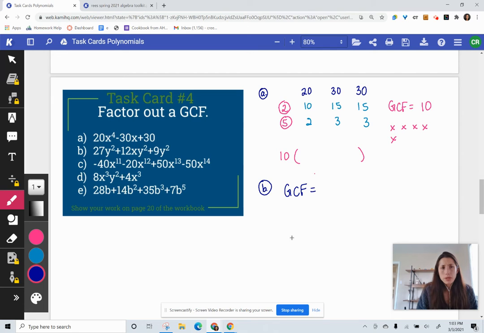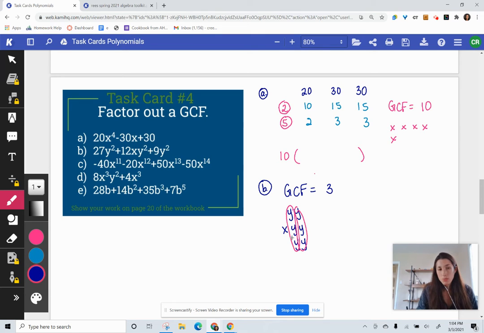And you can use that multiplication table on your packet, your toolkit, or you can use a calculator. So GCF would be 3, and then we've got y squared for the first term. Our second term has an x and 2 y's, and our third term has 2 y's. So in terms of variables they have in common, they all have 2 y's in common.